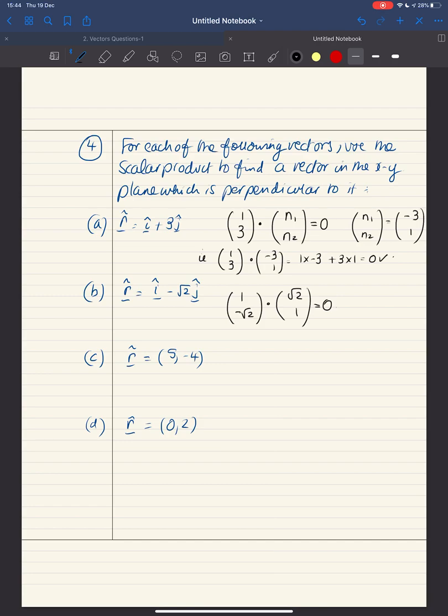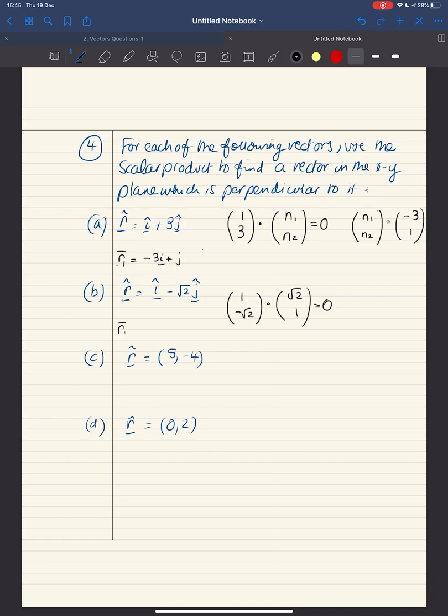Okay. I suppose using their notation that you've got at the start, they've called the normal R1, so we can say R1 equals the vector R1. The hat is for unit vectors, so R1 is minus 3i plus j.